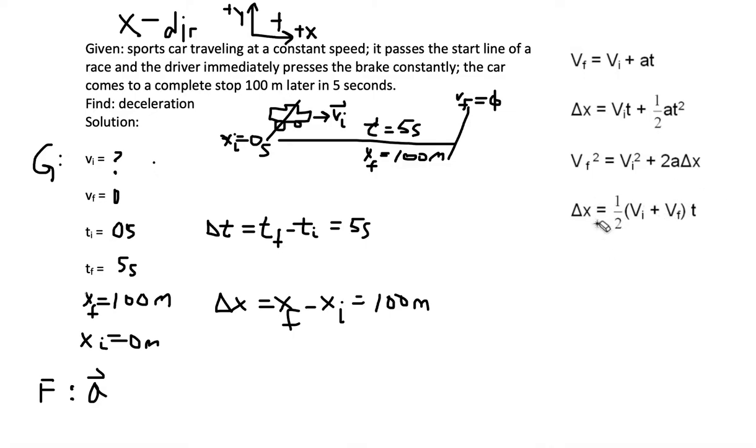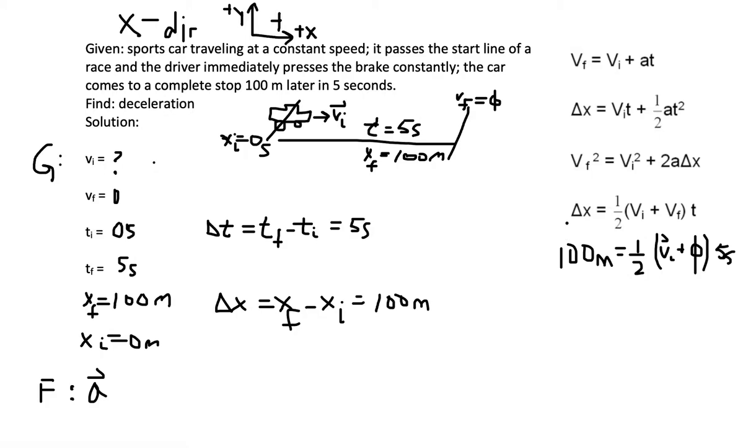Delta x, which we know is 100 meters, is equal to 1/2 times V initial, which we don't know, plus V final. V final is 0, and the duration is 5 seconds. So now we can solve for this.